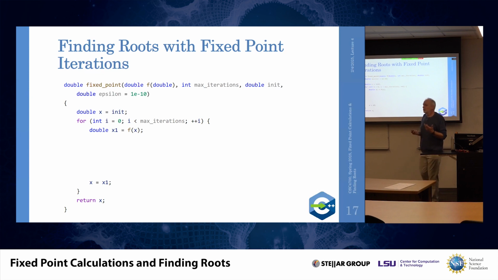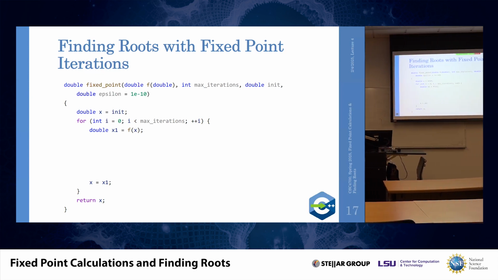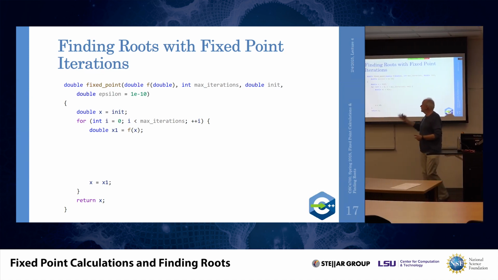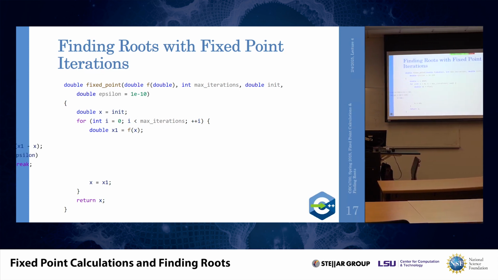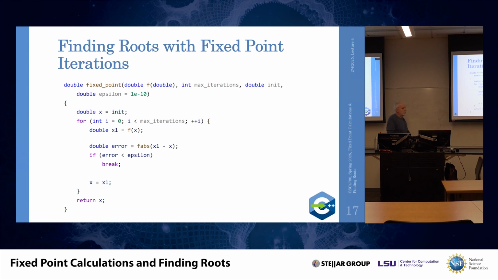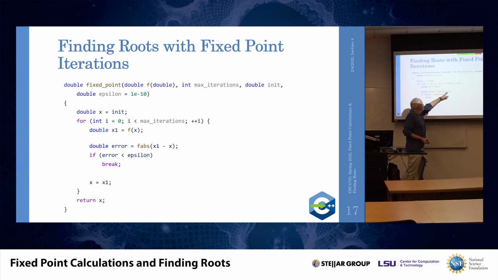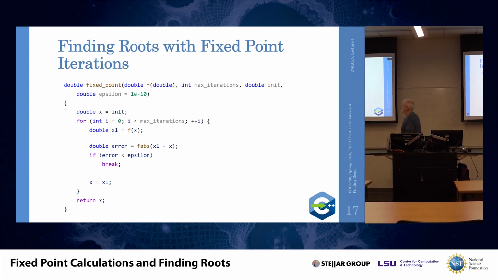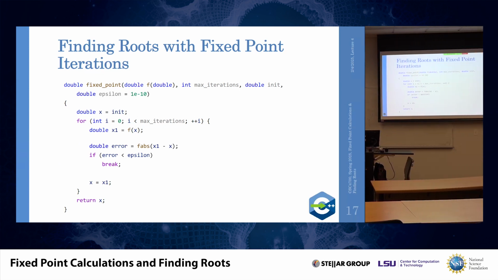And that epsilon gives us the difference at which point we want to stop the iteration, right? When the difference between the previous iteration and the current iteration is smaller than epsilon, then we have obviously reached a convergence point. And we have to add an additional condition in the middle, which says, okay, if the absolute value of the current value minus the previous value is smaller than epsilon, well, then we are done. No reason to continue.